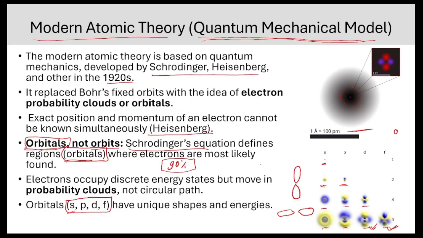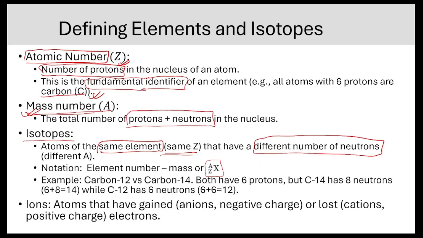For example, if we want to say carbon, we can say carbon is C, and A is the mass number, and Z is the atomic number. The mass number of carbon is 12, and the atomic number is 6.